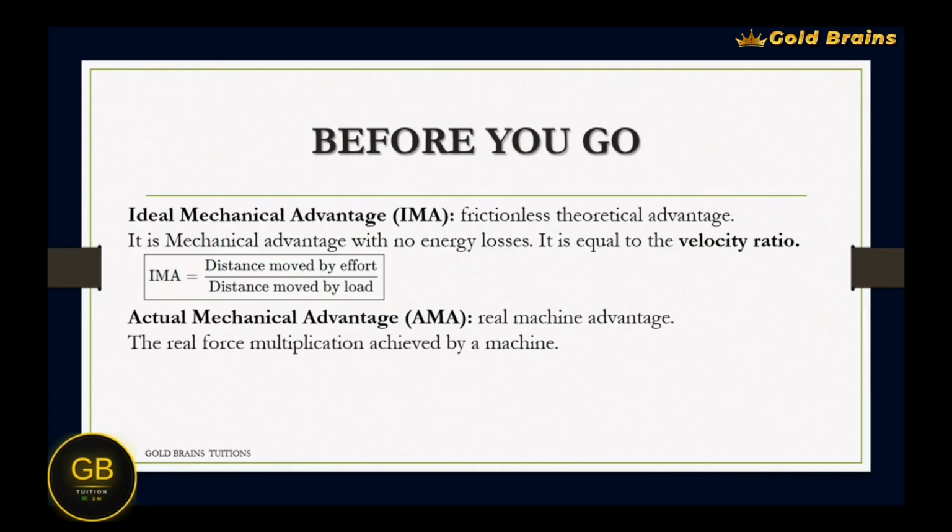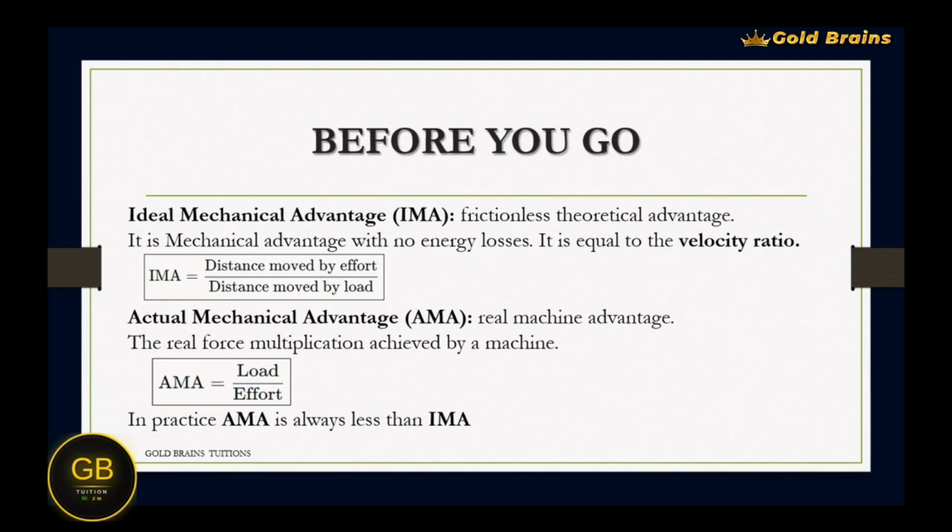This is the real force multiplication achieved by a machine. I'll say it again. This is the real force multiplication achieved by a machine. And it is given by AMA, which represents the actual mechanical advantage, equal to load over effort. In practice, you should always remember that the actual mechanical advantage is always less than the ideal mechanical advantage.